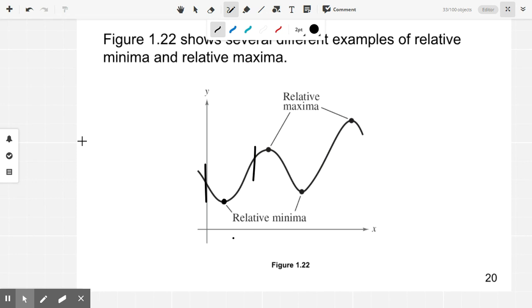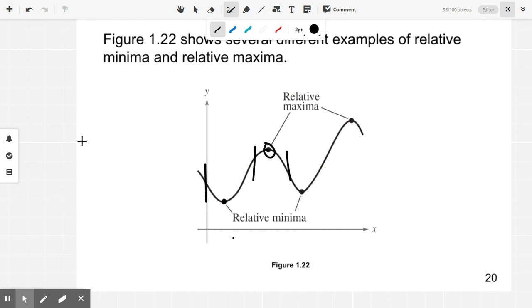Where a graph goes from decreasing to increasing is a relative minimum. Then, if you look at this interval from here to here, it bounces. It's increasing and then starts decreasing. This is a relative maximum. It's the high point between an interval, right? If I was looking anywhere between these two x values here and here, that's a relative maximum.